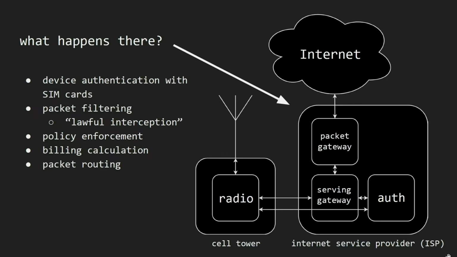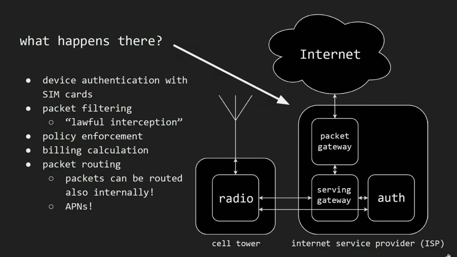There might be some ISP internal things like DNS servers, so some of the things might not go to the internet at all. They might go to an internal DNS service or something else. But also the packets can be routed internally in different ways.